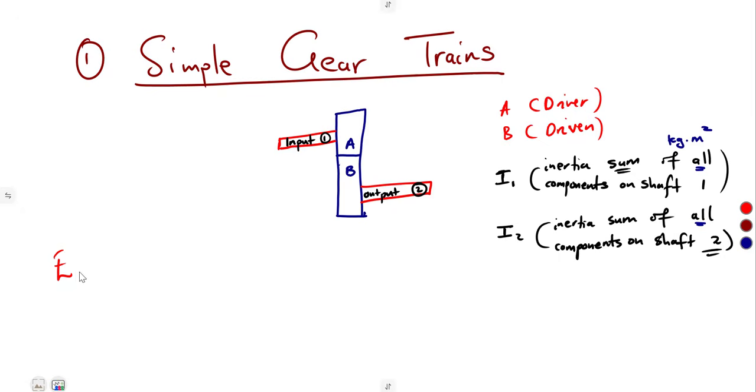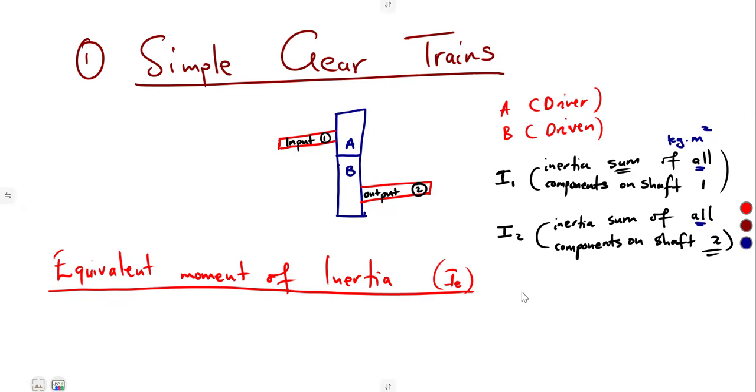That's our equivalent moment of inertia.